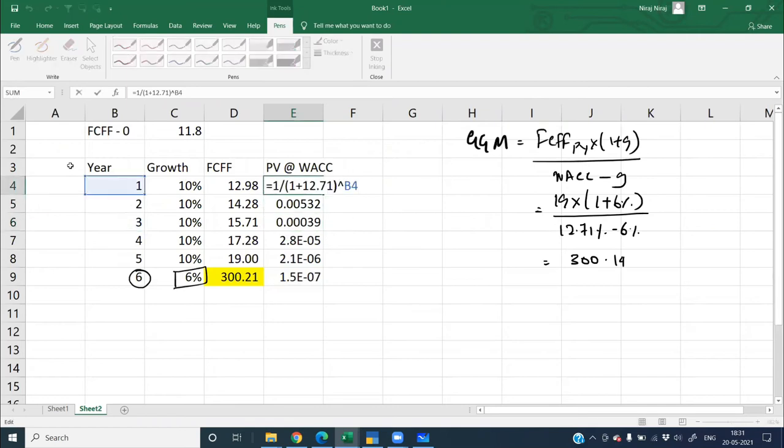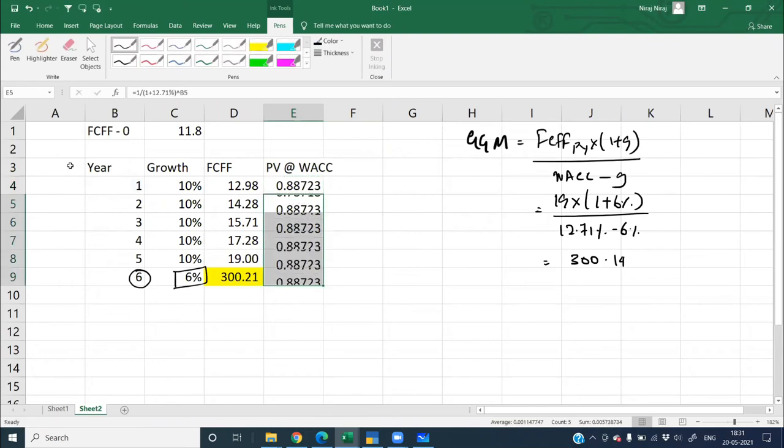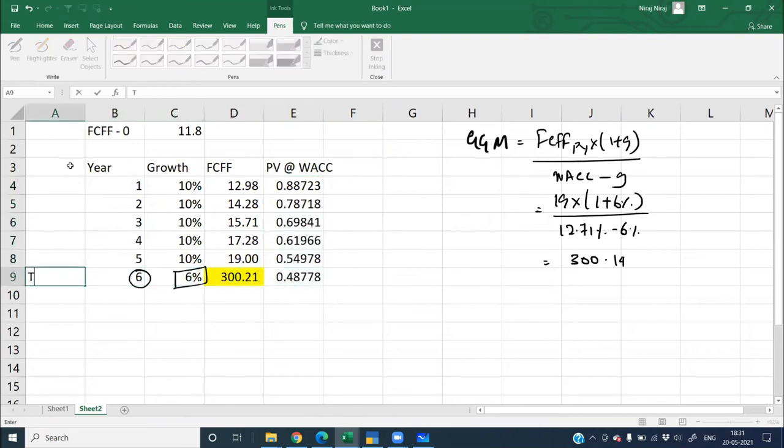Okay, just a second. Percent is not written. Yeah. So for this year, the terminal year, my yellow column, what will be the year with which I have to discount? N minus 1. N minus 1. 5. So this is the 6th year. So 6 minus 1, I will have to discount with the 5th year. Okay. So now what will be my value of the firm?